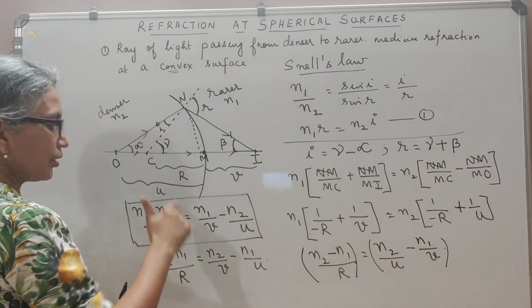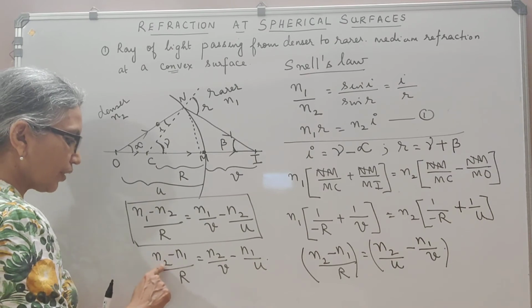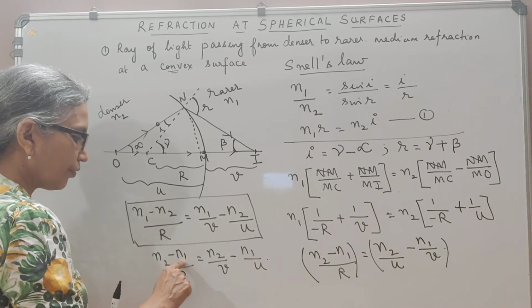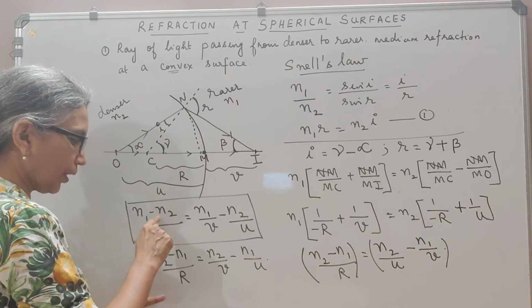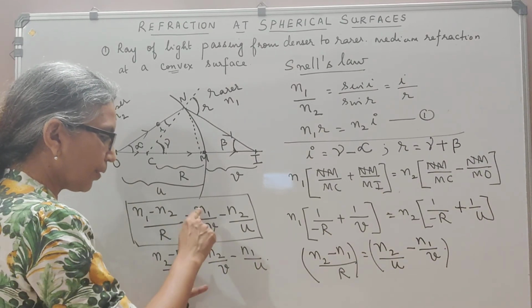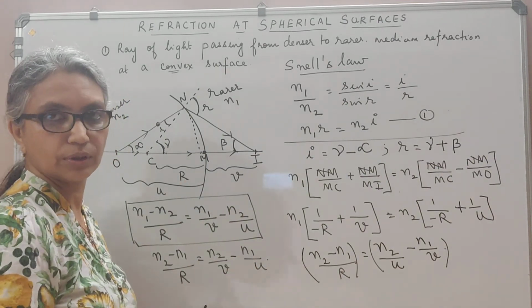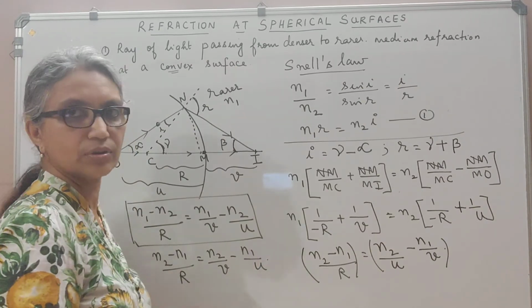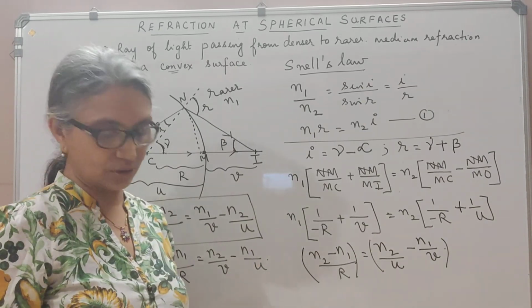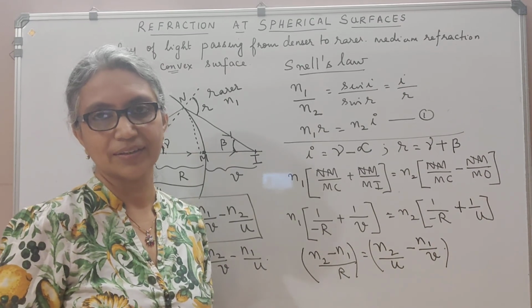So when you learn the final formula, all you need to remember is wherever N2 comes you put N1, wherever N1 comes you put N2. So this becomes N1 minus N2 by R equal to N1 by V minus N2 by U. To learn it, that will be easier, I think, and that is why I asked you to rearrange it. So that's all we need to do today. Next class we will go into the lens maker's formula. Thank you.